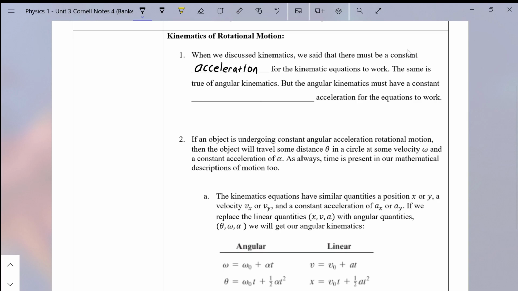So constant acceleration for kinematic equations to work. The same is true of angular kinematics, but the angular kinematics must have a constant angular acceleration. We call it alpha, the Greek letter alpha.